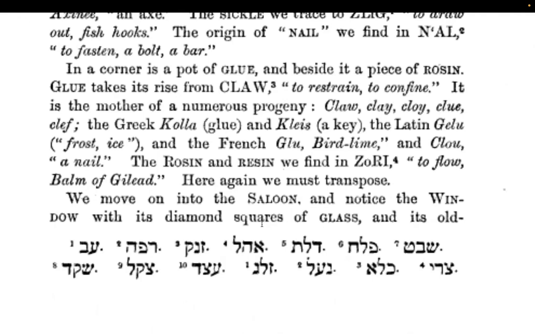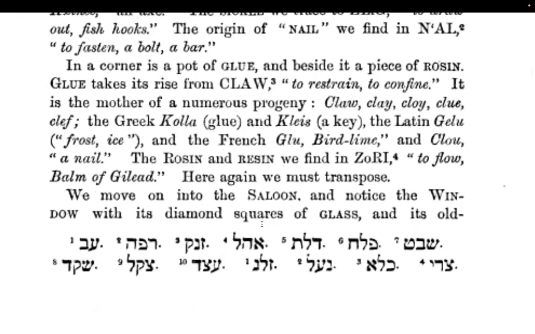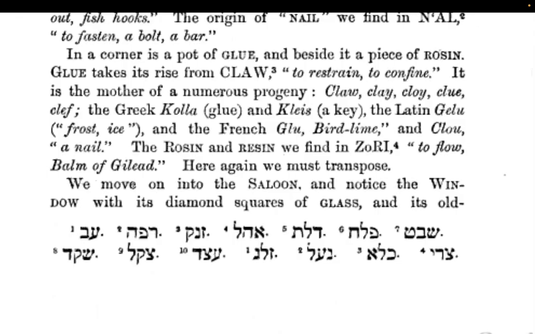Said it is the mother of a numerous progeny: claw, clay, cloy, clue, clef, the Greek kola, glue, and cleis, a key, the Latin gelu, frost or ice, and the French glue, bird lime, and clou, a nail.